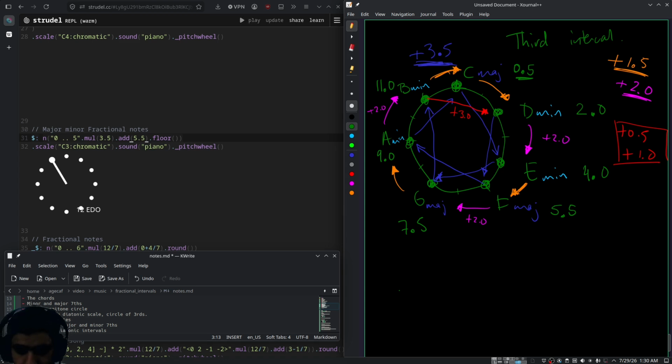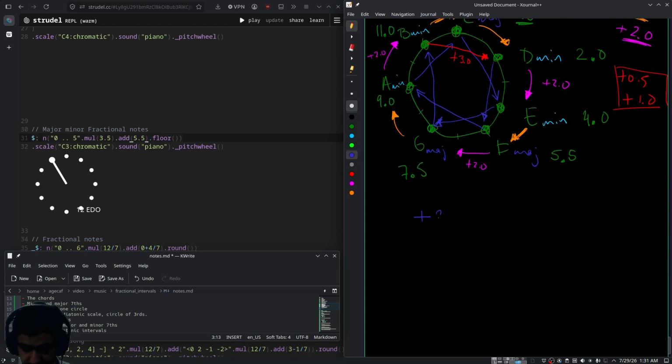So why would we be interested in this at all? Well, we saw one of the things is we can escape the scale just by using movement along the circle of thirds. And that's because plus 3.5, if you keep adding this, you don't get 12.